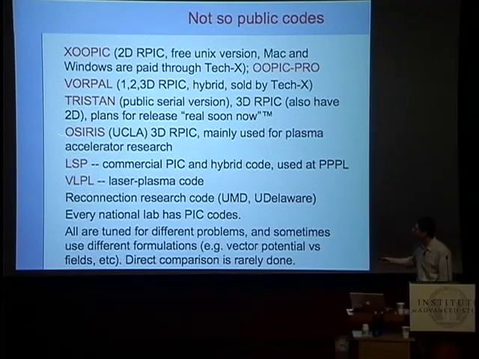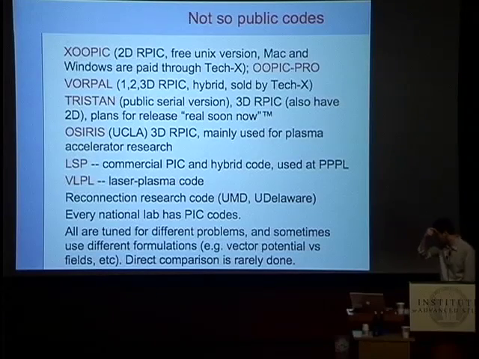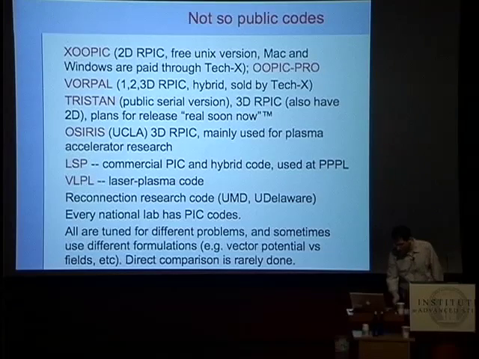Then the UCLA group is using the Osiris code, which is mainly used for plasma accelerator research. And you will hear a talk about another code called VPIC next Thursday, I think, which is a Los Alamos code that is a pretty generic particle-in-cell code.